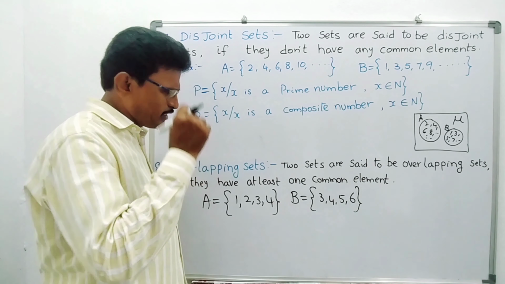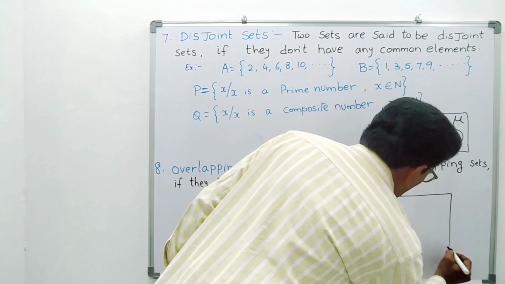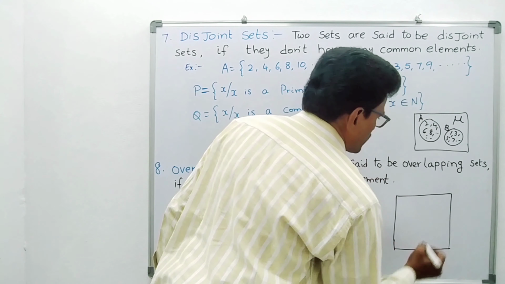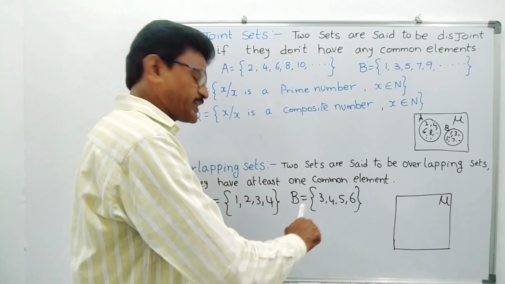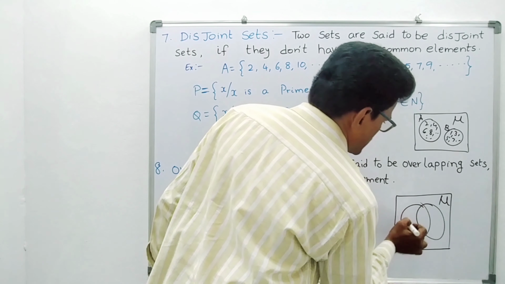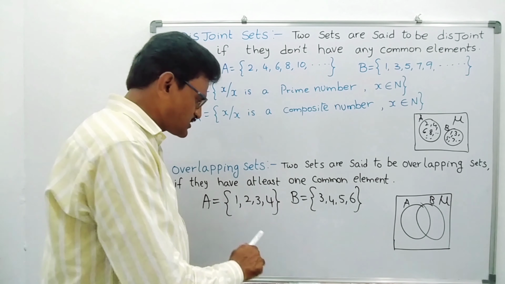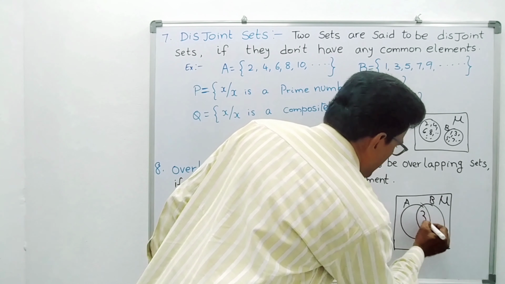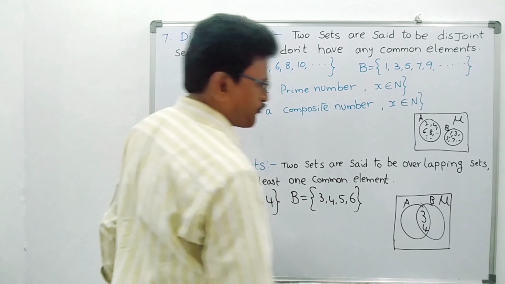So by a Venn diagram we can understand this easily. See here, how to represent the Venn diagram? Like this: a rectangle box, this is the universal set, we represent as mu. Now set A and set B overlapping. Overlapping means like this we have to represent. Here A, here B. So what are the common elements? 3, 4. First you write here 3, 4 as common elements. Now what are the elements in set A? 1, 2, 3, 4.